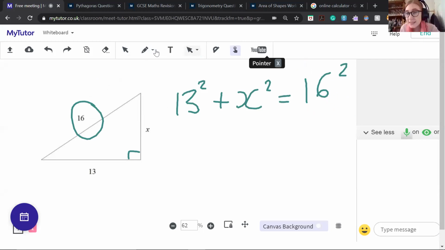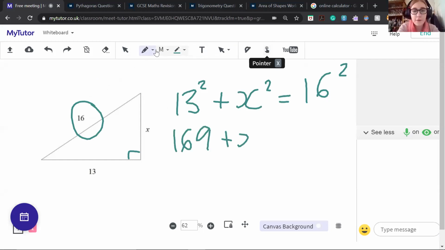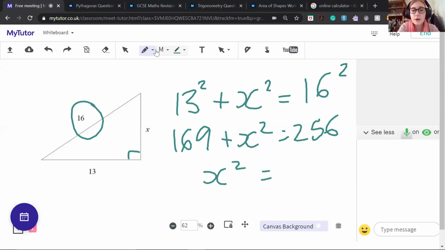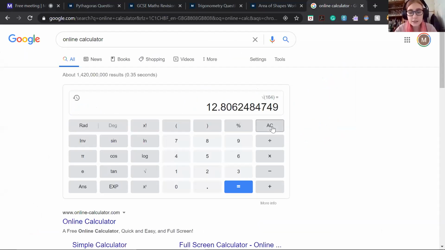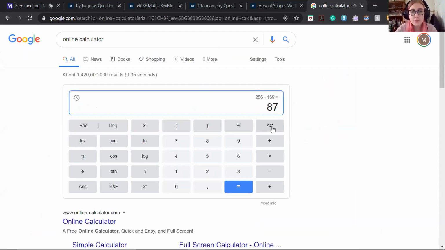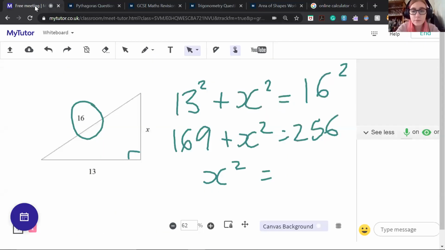All that means is that we rearrange it slightly differently. It's nothing too different. So we work out 13 squared and 16 squared. And then to work out x squared now, instead of adding them, we're going to have to do 256 minus 169. That gives us 87. So then to work out x, we square root that.